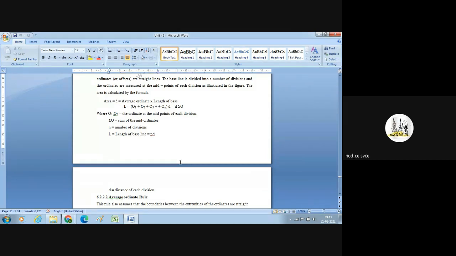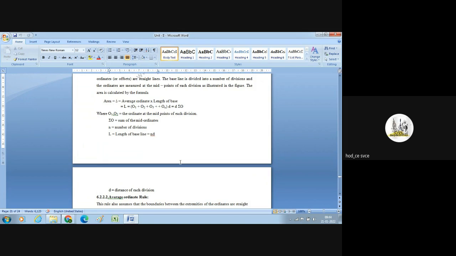The baseline was divided into a number of equal divisions. That means the distance from division to division will be the same. The ordinates are measured at the midpoint of each and every division.